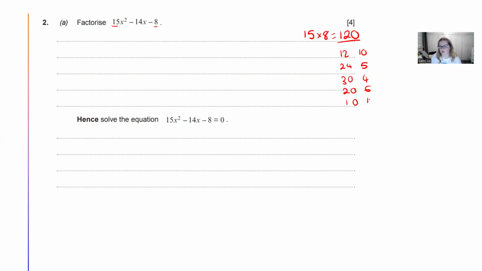You should notice that you need to make sure you find the middle number. So in this case, we need minus 14. The only one that's going to do that is our 20 and 6.